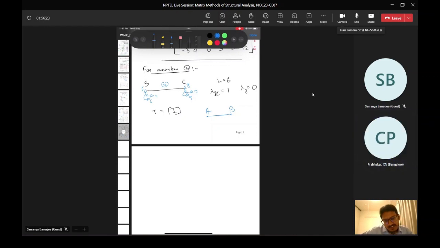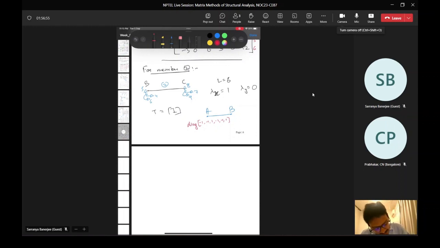So there is a high chance that even if you change the directions, you have the transformation matrix as a diagonal matrix with minus 1, minus 1, 1, minus 1, minus 1, 1. When you multiply this again with minus 1, minus 1, 1, minus 1, minus 1, 1, the minus 1 times minus 1 will actually give you 1.